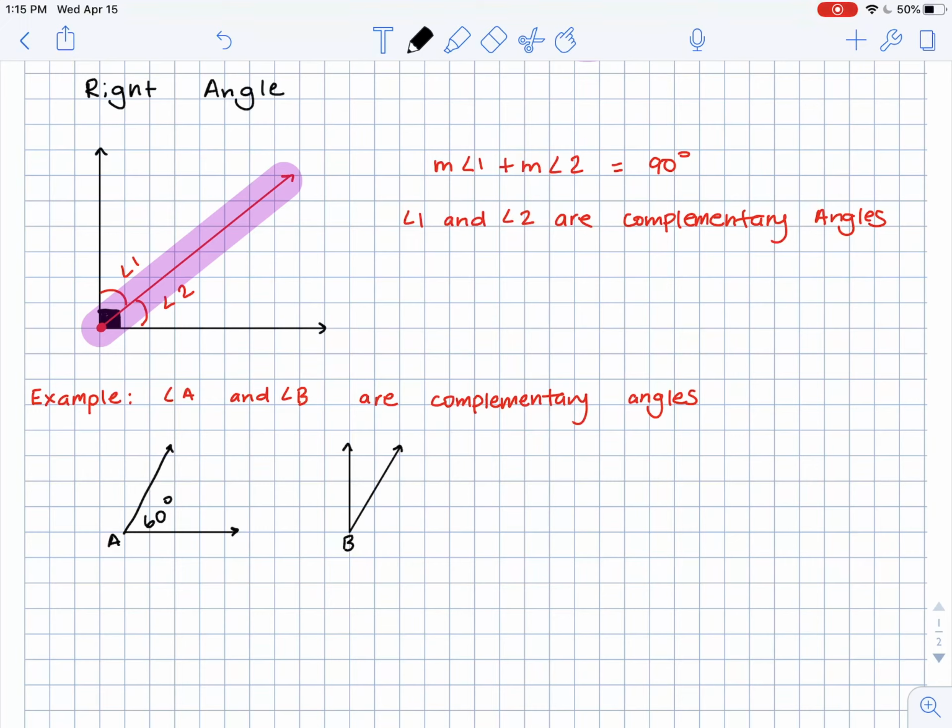Well, I know that they both add up to 90 degrees, so angle A is 60, thus angle B is 30. 60 plus 30 equals 90 degrees. So, complementary angles do not have to touch. They don't have to be adjacent. They could be separate from each other. All that matters is the measurement of the two angles adds up to 90 degrees.